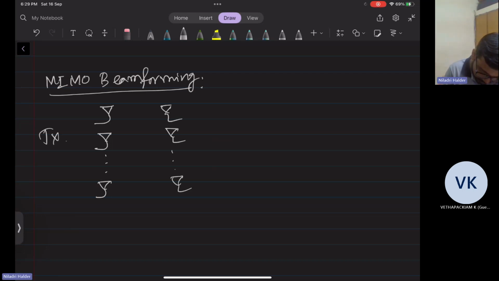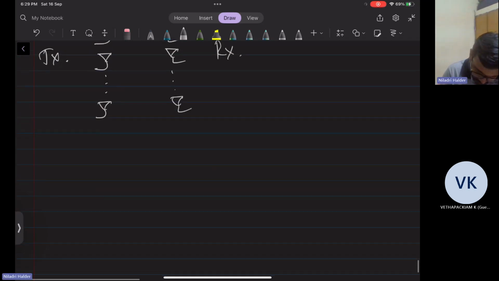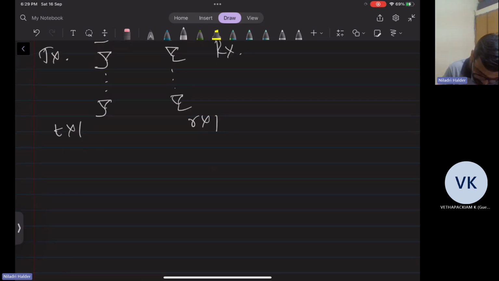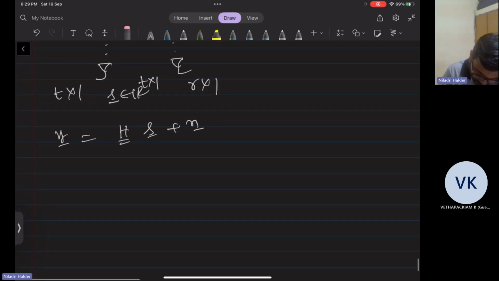Suppose transmission side antennas are T cross one, and here R cross one antennas. So the receive vector y is equal to H into this s vector plus n, where s is the transmitting vector.